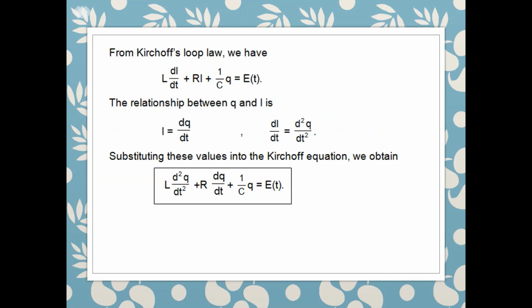To solve the RCL circuit problem, you need to apply Kirchhoff's loop law equation, which is L multiplied with d squared q over dt squared plus R multiplied with dq over dt plus 1 over C multiplied with q equal to E.